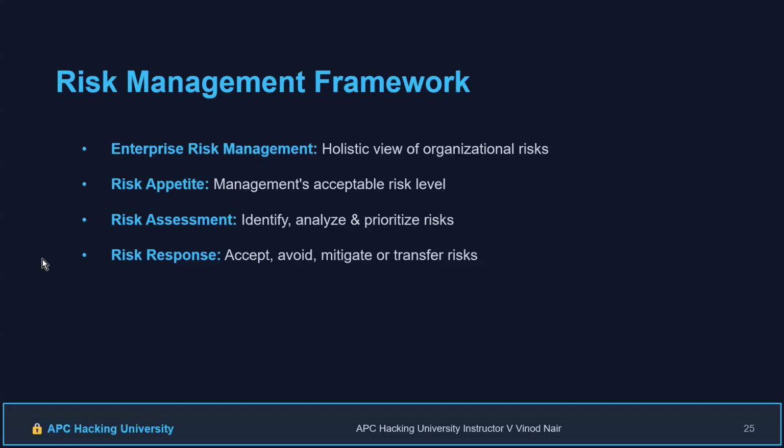So SOC 1 is finance; your CFO will address that. SOC 2 will be addressed by your security and IT team. It may be the CISO, it might be the CTO or something like that, whoever is responsible depending on the organization.